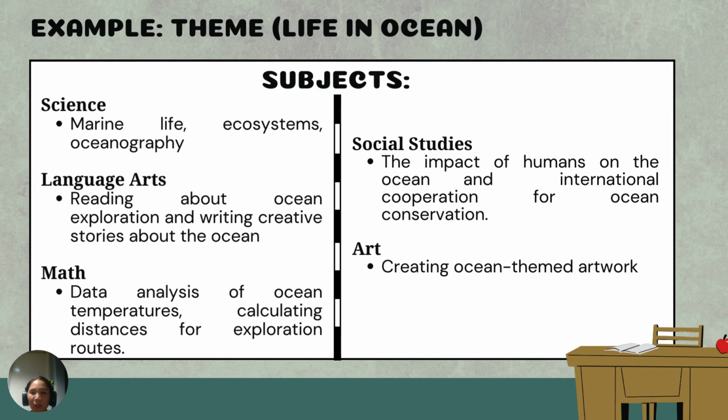And not only that, you can also allow your students to explain the interrelationships between the organisms. With that, students explore this particular theme from the perspective of the science subject. So, many subjects are incorporated in one theme. So, there is a connection.